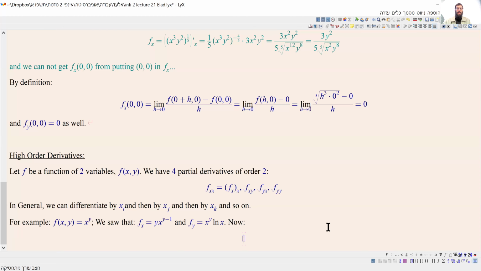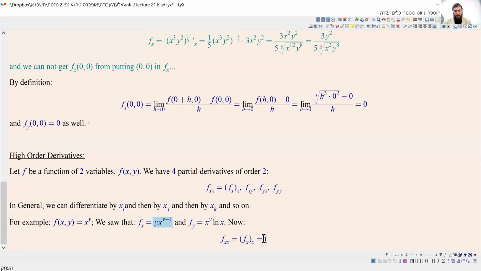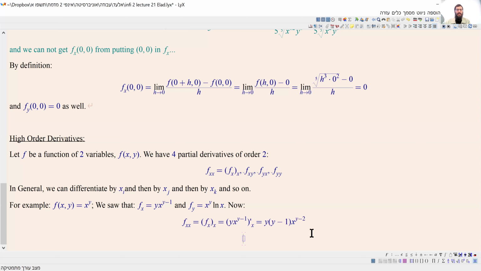Now, if I want to calculate fxx, I need to differentiate by x the derivative by x, which is y x to the power of y minus 1. Yet again, when we differentiate it by x, we consider y to be a constant. It's just a polynomial, so the y minus 1 jumps out, and we are left with x to the power of y minus 2. Very nice.